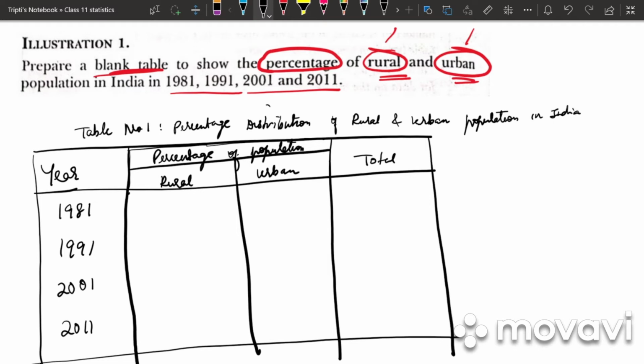So we will be writing table number, we'll be writing the title of the table, we have our captions and stubs, we have a total column. So clear? This is how we'll be preparing a blank table.